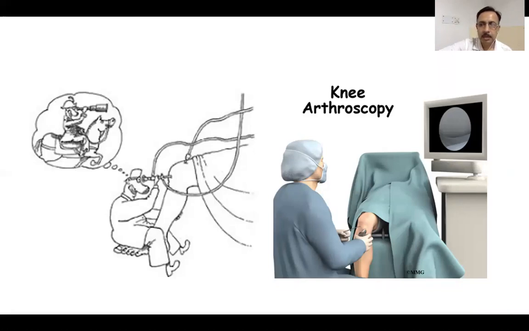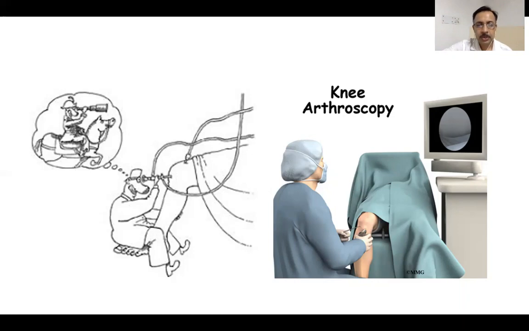Secondly, the problem was that in those days, the illumination was done by bulbs present at the tip of the scope. It was a very difficult situation because sometimes these bulbs used to burst inside the joint, and they also caused heat inside the joint, which used to damage the structures inside the joint.